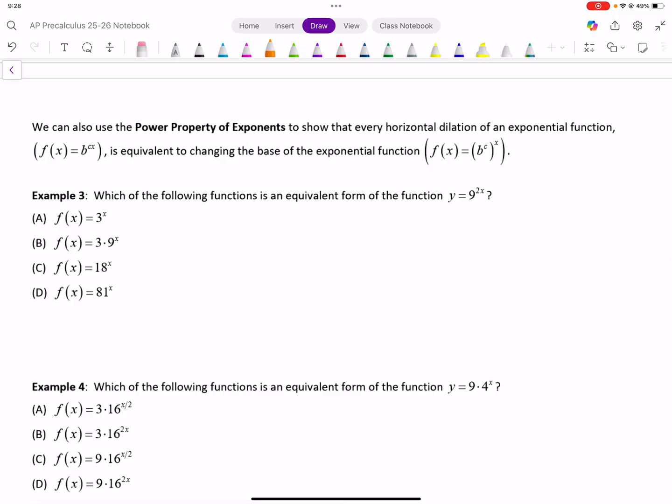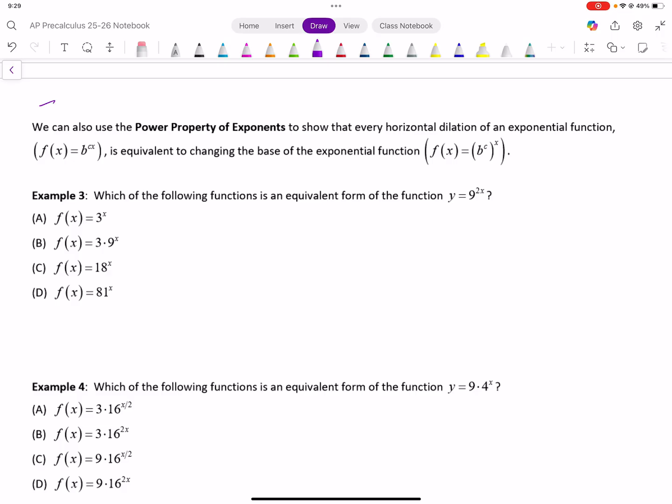So next up, we can also use the power property to show that every horizontal dilation of an exponential function is equivalent to changing the base of our exponential function.